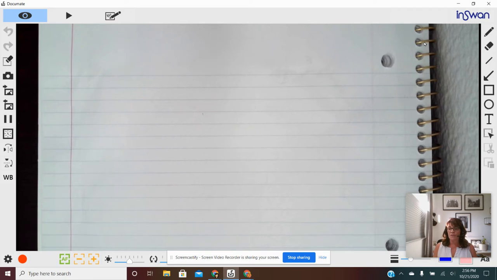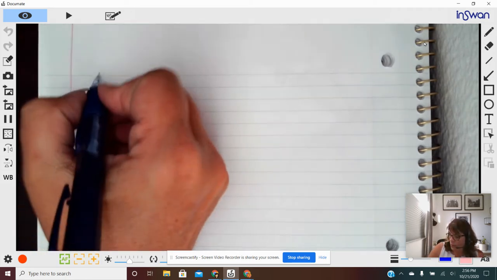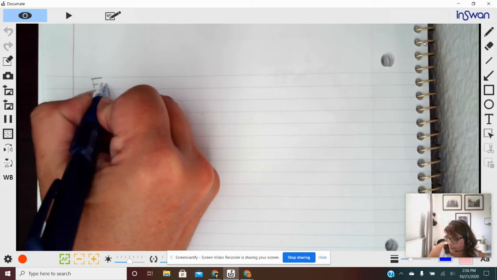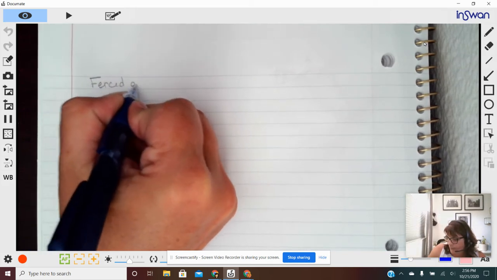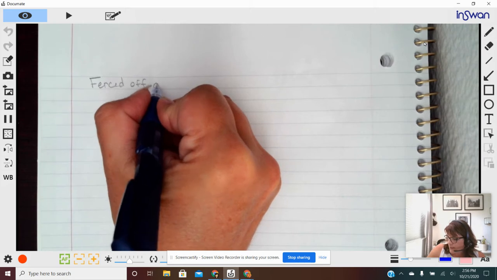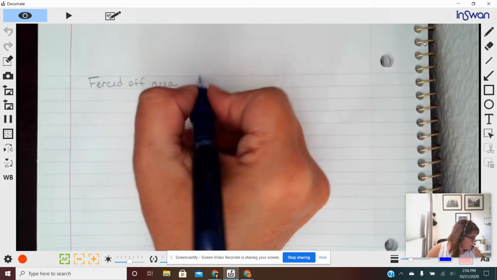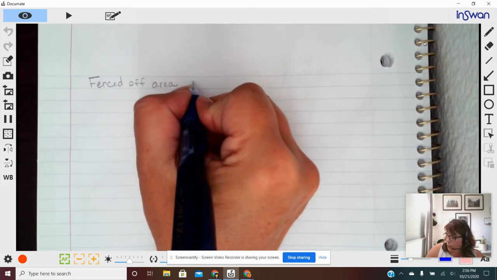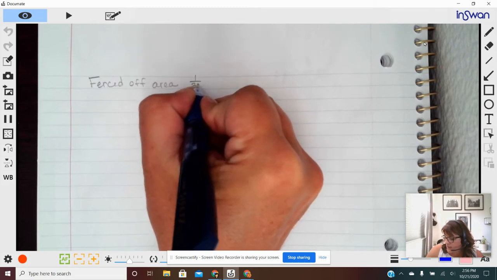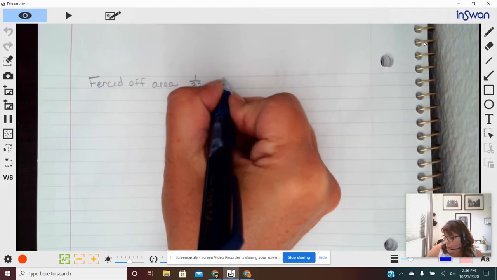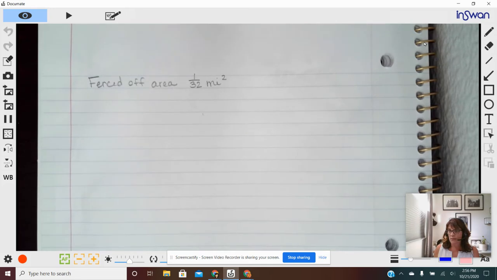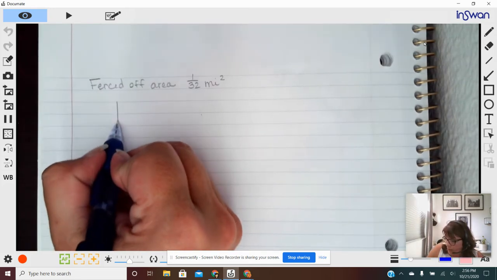And feel free to do this in your notebook as well. We have a fenced off area. That's 1/32 of a square mile. So I'm just going to kind of draw a picture really quick.